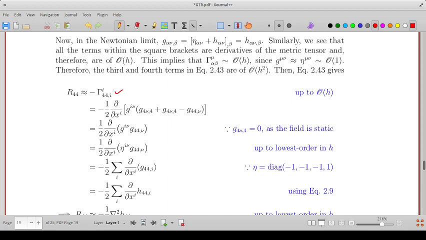So this whole term becomes minus half times d by dxi of this expression. Further, since in the Newtonian limit the metric tensor is taken to be static, independent of x4, this term which involves derivative with respect to x4 is 0, and so is this term. So the only non-zero term comes from this term, and there is a minus here and a minus here, so together that becomes plus. So the result is plus half d by dxi of g I nu times g44 comma nu.